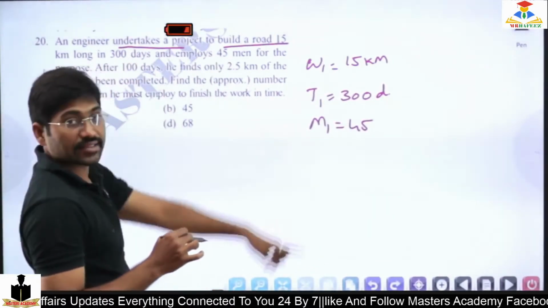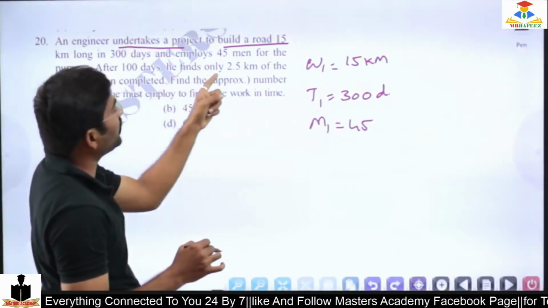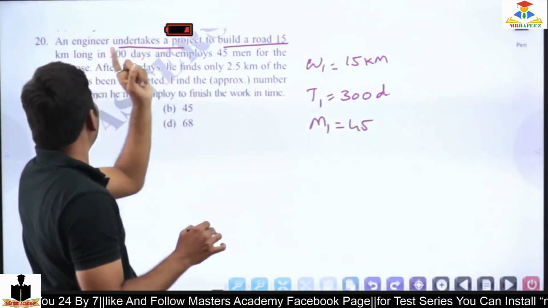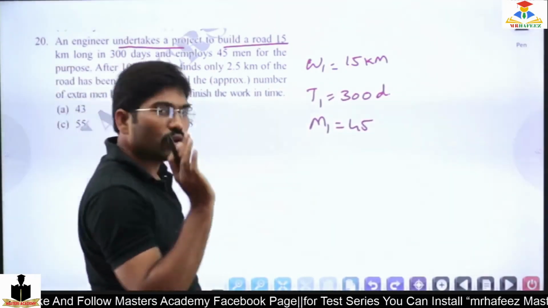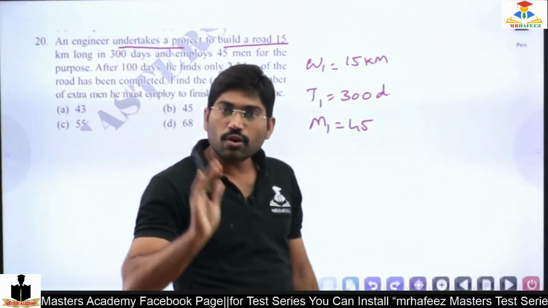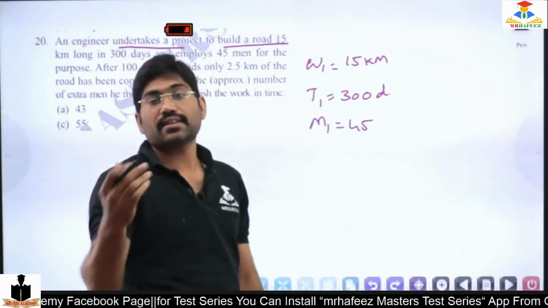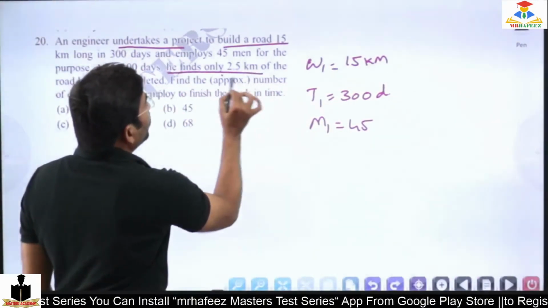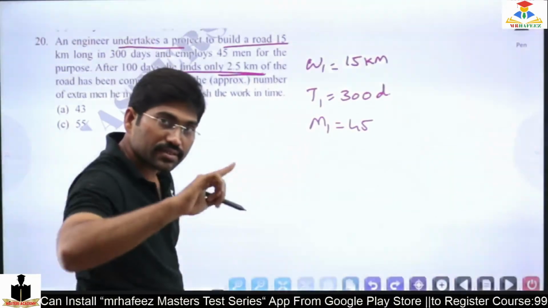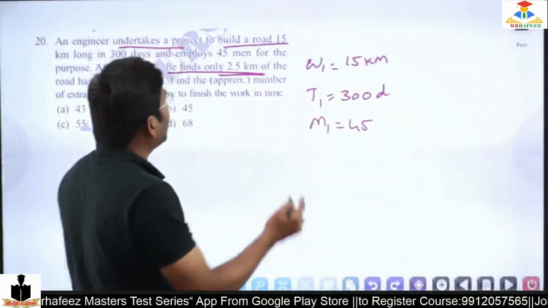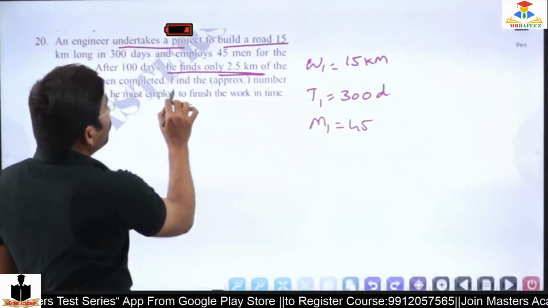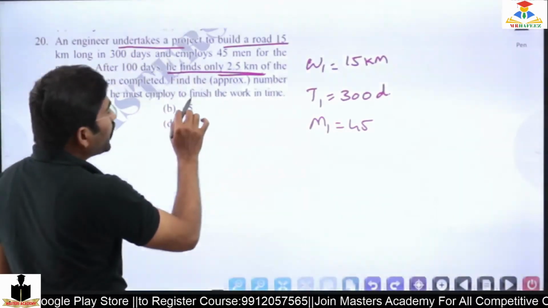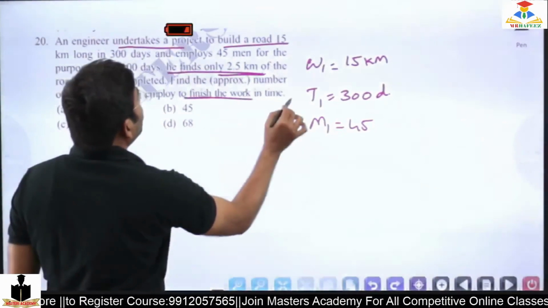After 100 days he finds only 2.5 kilometers of the road has been completed. That means the rest is 12.5 kilometers. Find the approximate number of extra men he must employ to finish the work in time.